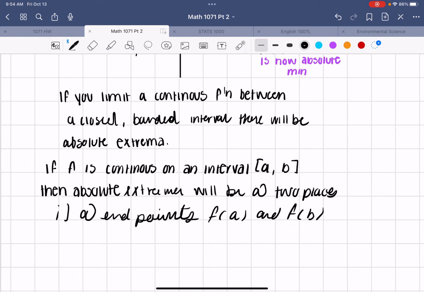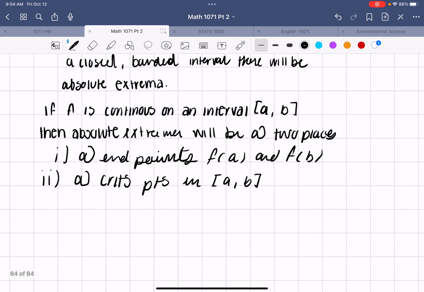Just numerically check out F of A, F of B, and F of C where C is critical in the interval A to B. Those are the only places that extrema can occur, either at endpoints or at a critical point in the interval.